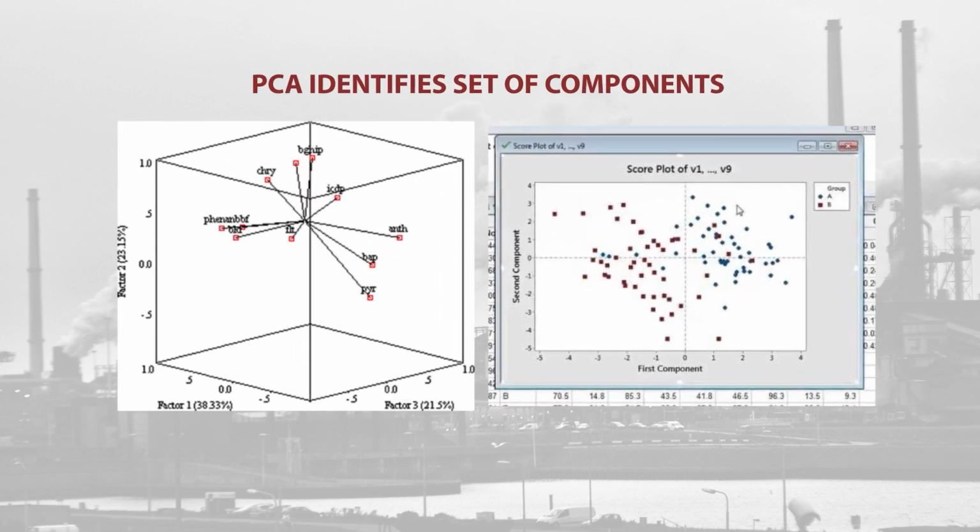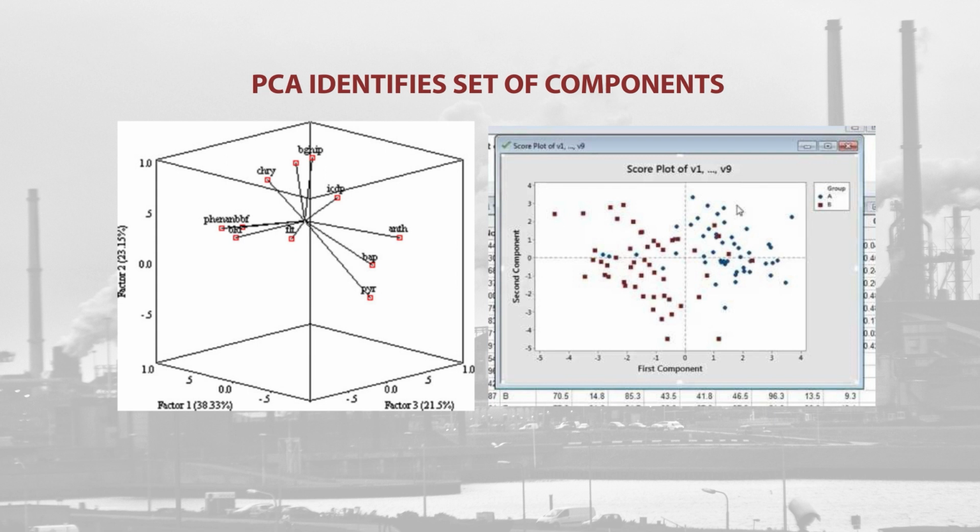For example, PCA identifies a set of components: factor 1 may be one group of components, and factor 2 may be another group of components.